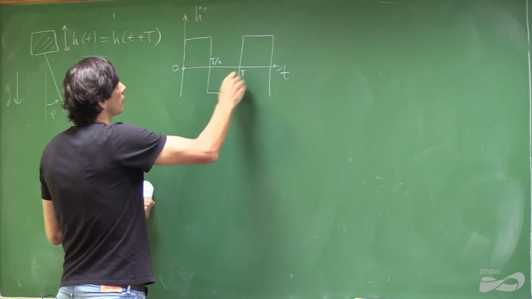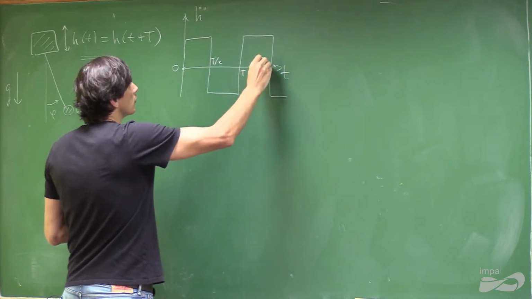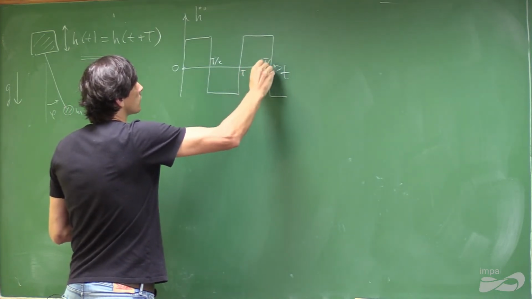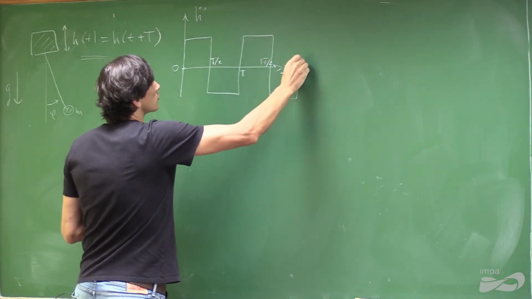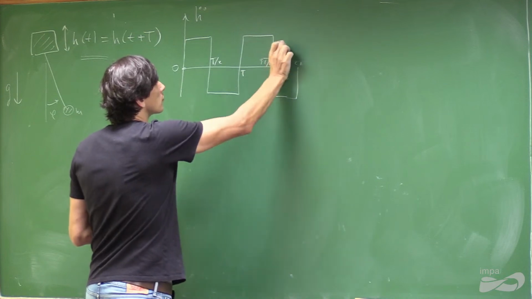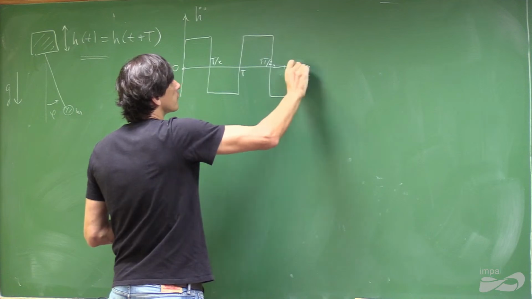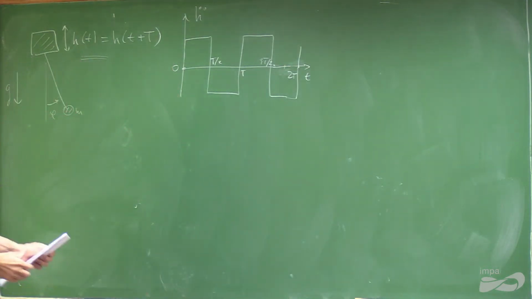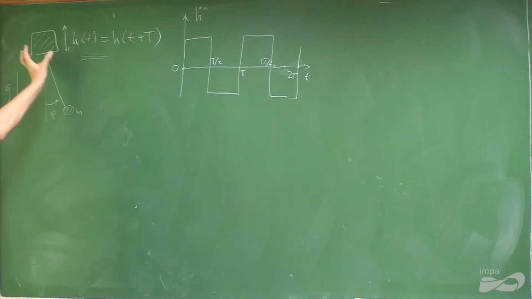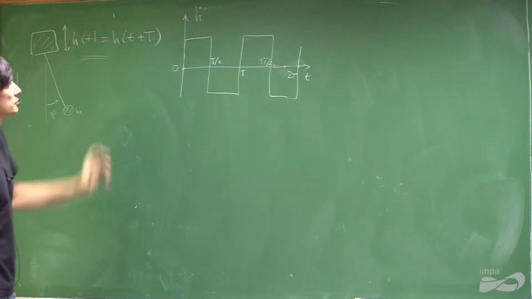Then another negative constant value until the period, then a constant value until three halves of the period, then two periods, and so on. So the support accelerates up, accelerates down, accelerates up, accelerates down.